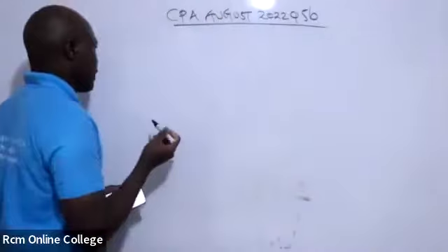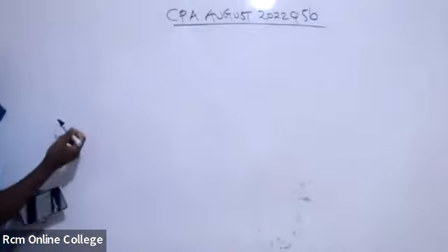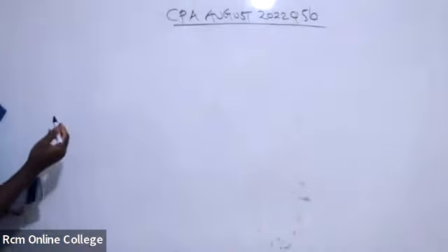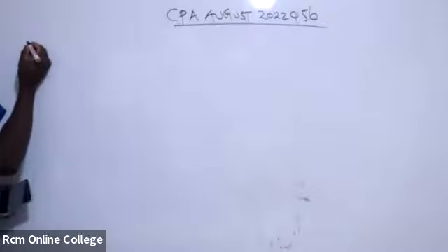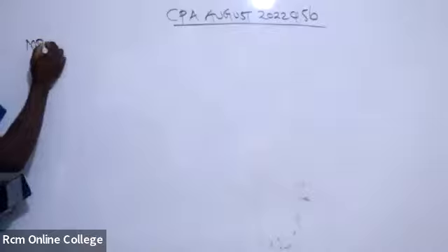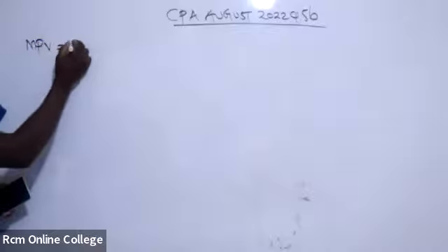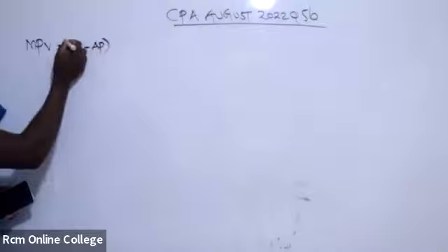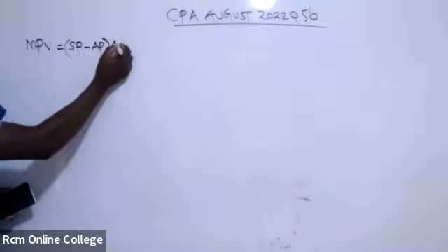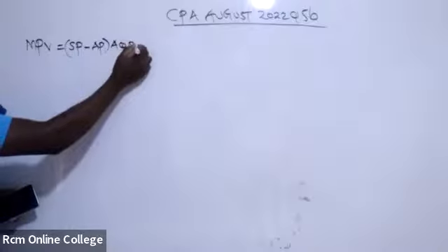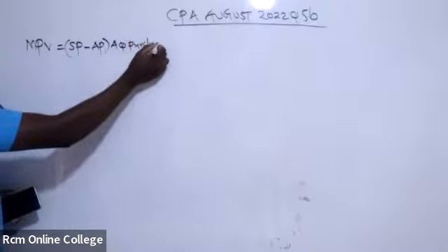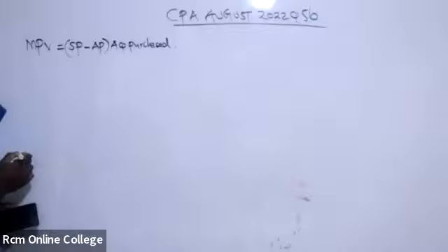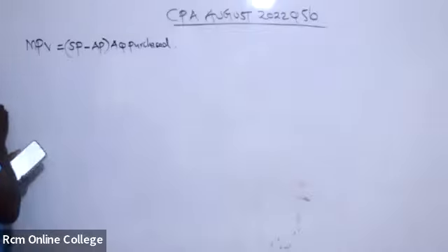So you'll come here and tell us, okay, direct material price variance. Material price variance is equal to the standard price of that raw material minus actual price of that raw material. This should be multiplied by actual quantity purchased.